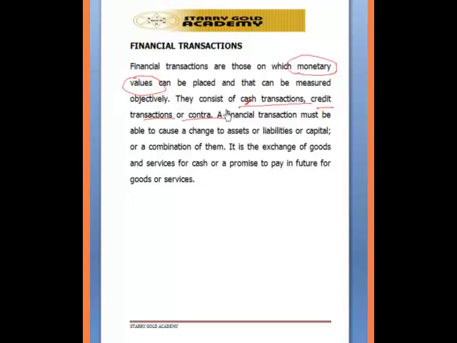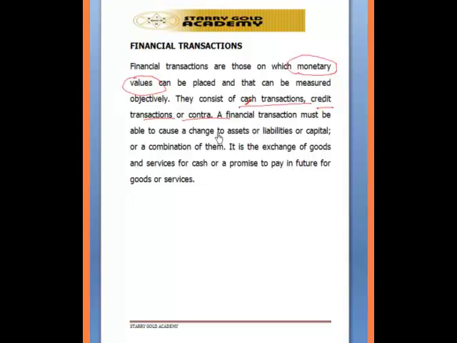A contra transaction may be a transaction between a customer, the supplier, and the firm, or probably within the organization. That is transferring cash at hand into the bank, and it serves as a contra transaction. So a financial transaction must be able to cause a change.